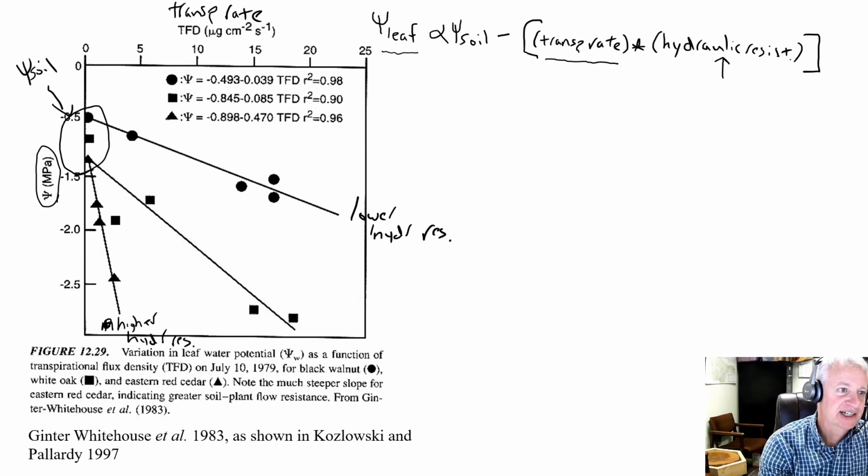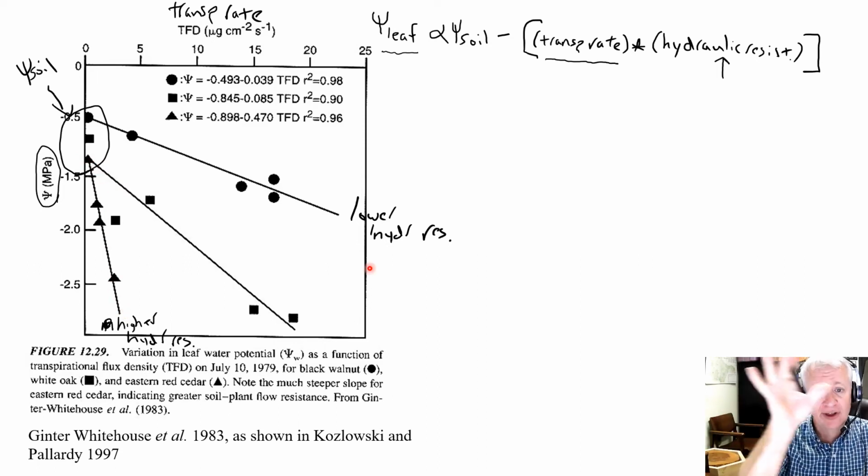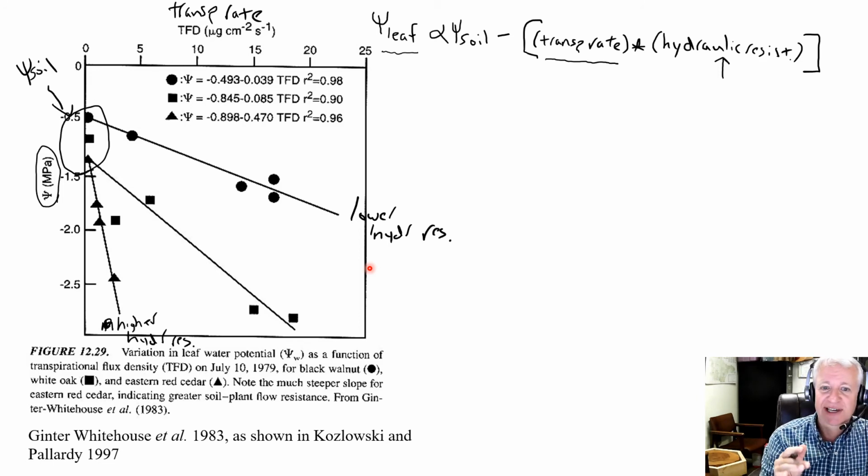And then the reduction below, or more negative than soil water potential, that happens as transpiration happens, goes from there. Okay, so this graph sort of ties all those terms together, and we can see how variation in hydraulic resistance then influences how an increase in transpiration will generate a change in water potential.